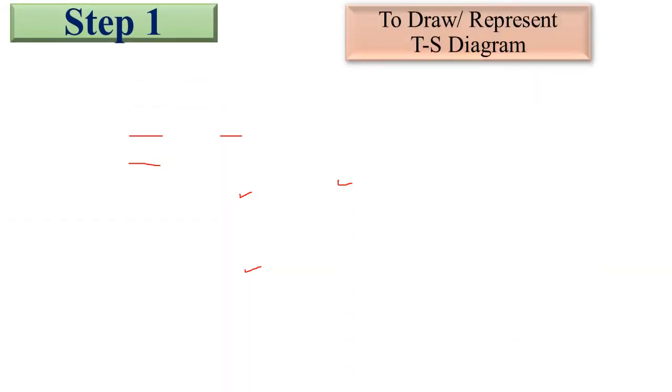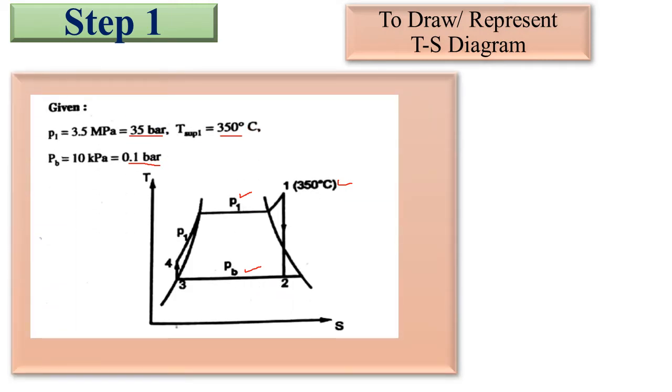Step number 1 is to draw or to represent the given problem statement on TS diagram. On this TS diagram, we can see our given data is represented: the steam power plant works between two pressure limits, upper pressure limit and lower pressure limit.